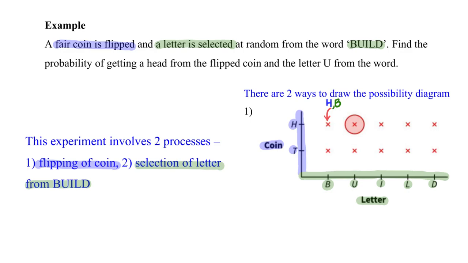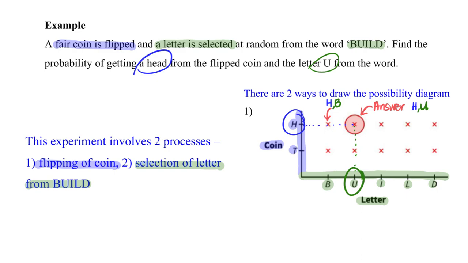And because I would want my flip coin to be head, and I need the letter U, that's why this is the highlighted answer or possible outcome, where I have my head, and the letter that I've chosen is U. And there's only one possible outcome out of the total.